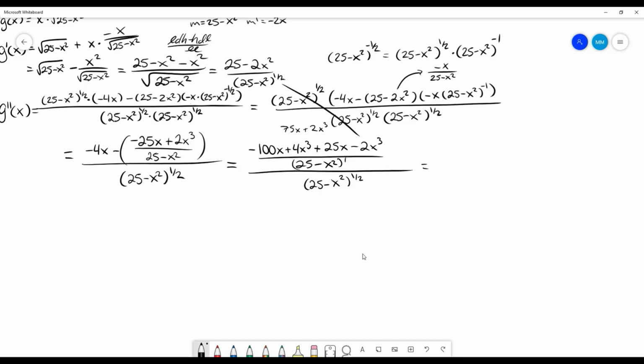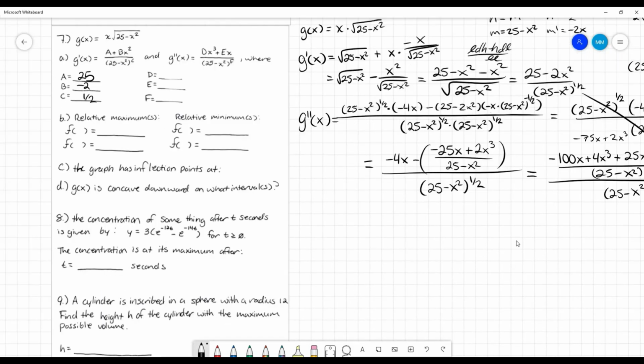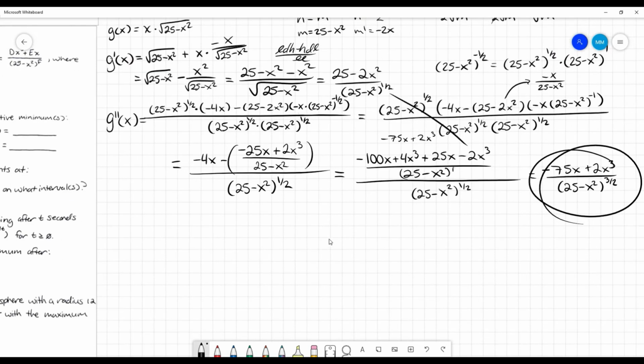So it's going to be a 1 1/2 power, or a 3/2 power. So it's going to be negative 75x plus a 2x cubed all over, combine these, to the 3/2. And now it's finally in terms that they like, although it's all the way over there.